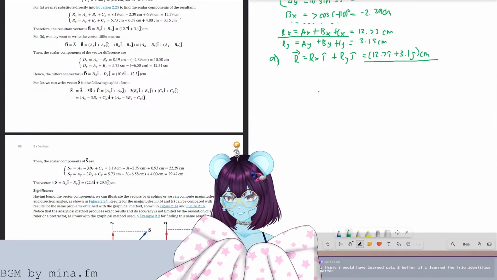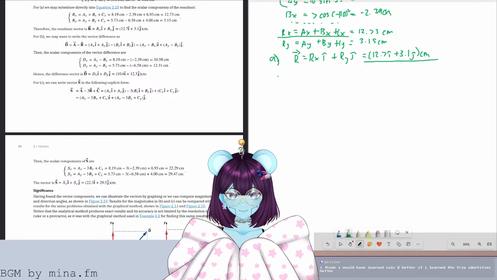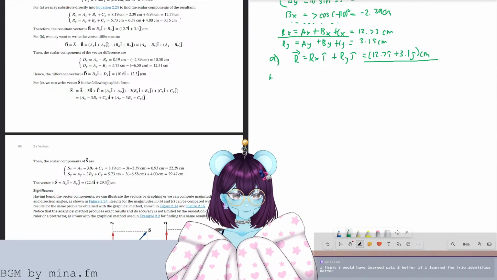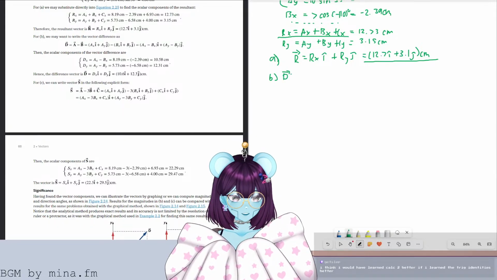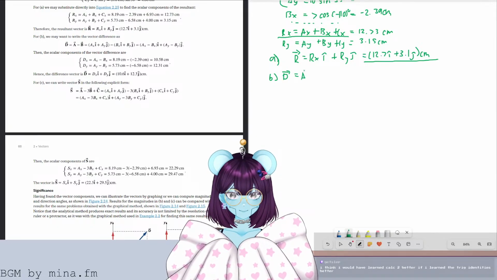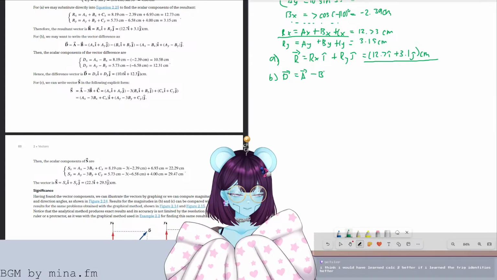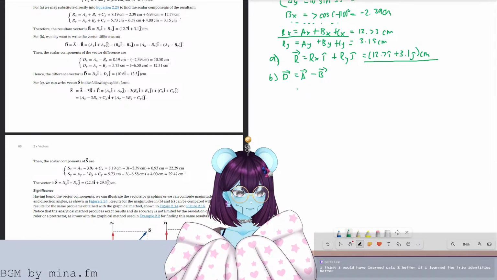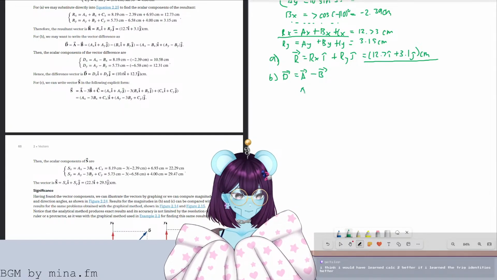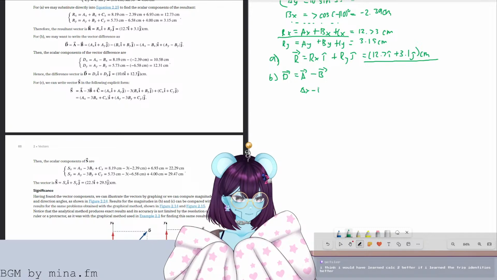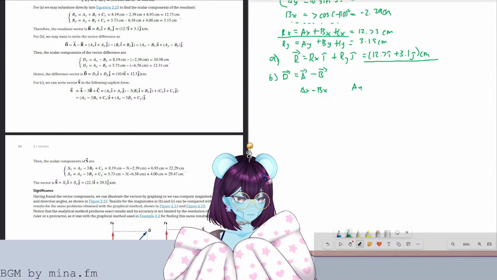We can go to part B, which was to subtract the two. We want to get a vector D. And to do that, you simply take the scalar components, the AX minus BX, and then we get AY minus BY.